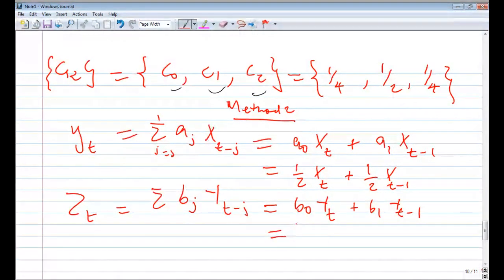This is equivalent to b0 is a half yt, b1 is half yt minus 1. So you have got two equations here now.